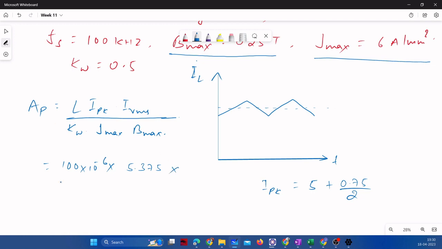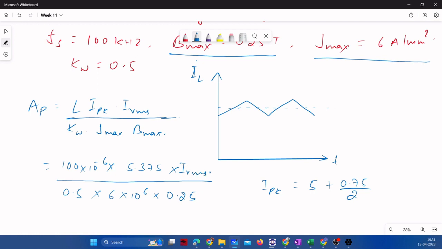Into I RMS. How much will be the RMS of this kind of current? Kw is 0.5, Jmax is given as 6 ampere per mm square, into, because we have to convert ampere per mm square into ampere per meter square, into B max is 0.25 Tesla. So one thing is remaining, IRMS.